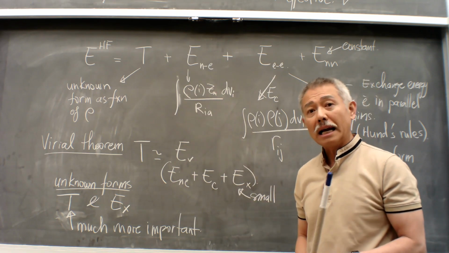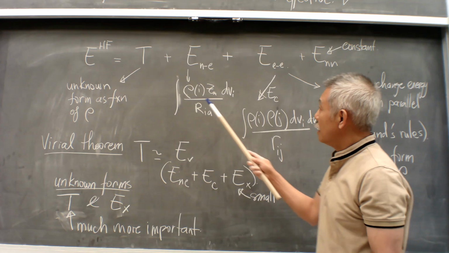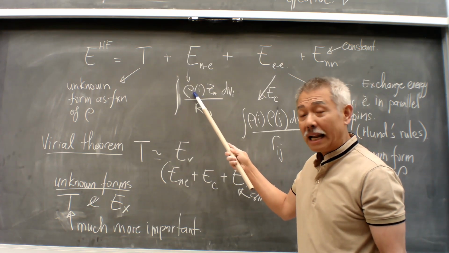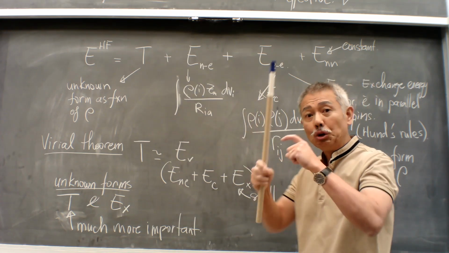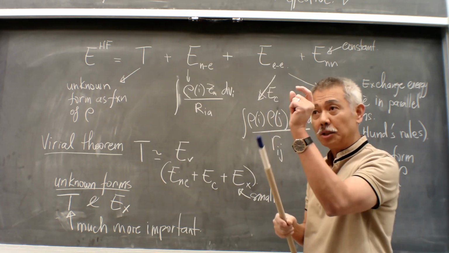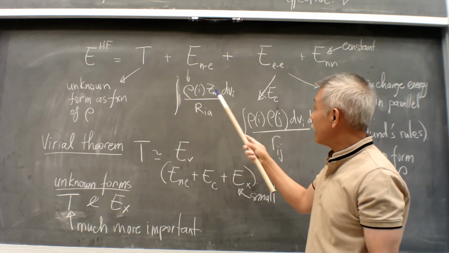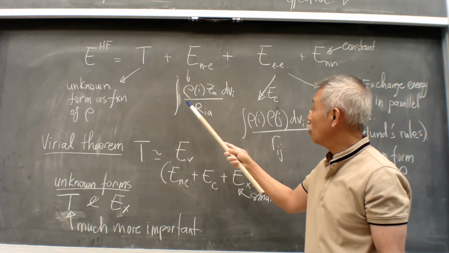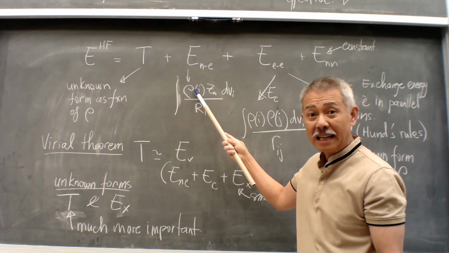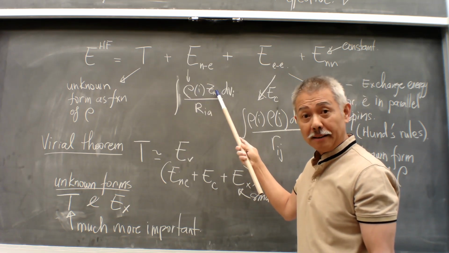For the nuclear-electron term, yes, there's a class of expressions here. The electron density is in a little cube, so there's a little partial charge of density in space in that cube, and it attracts with the nuclear charge over the distance between the center of that cube and that nuclear charge.